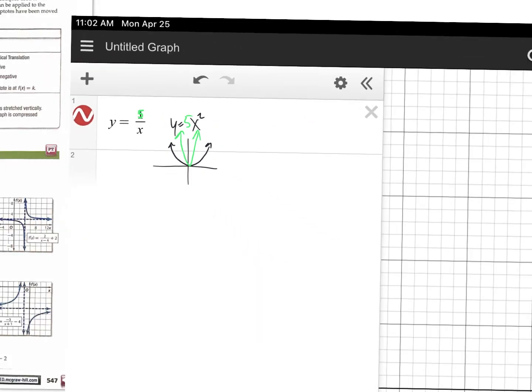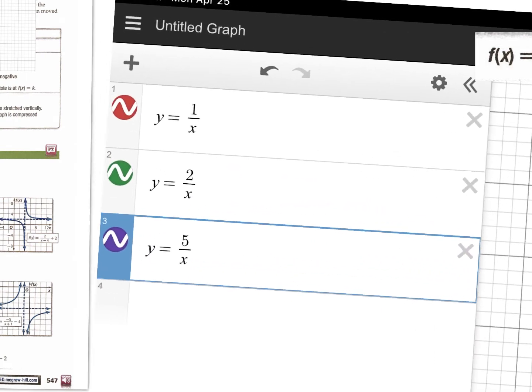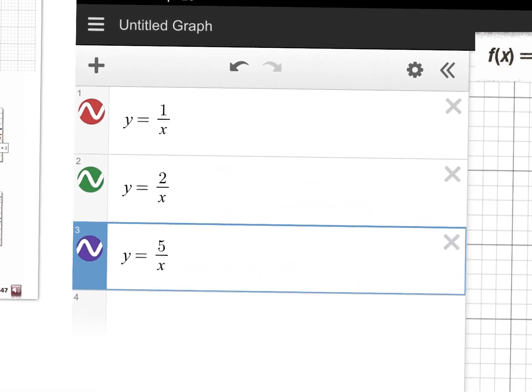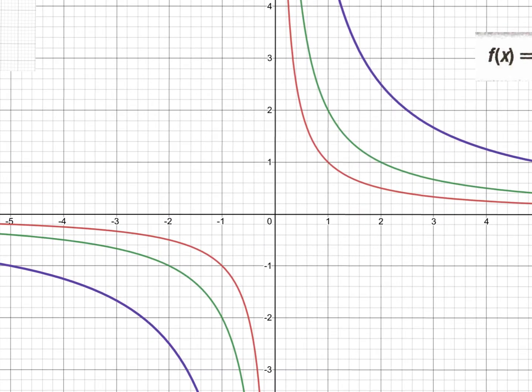So let me actually show you those graphs that you should have been comparing right now. Here's my parent graph. Here's changing it to a 2 and changing it to a 5. And here are the graphs themselves. So you should see the red one's the parent graph.